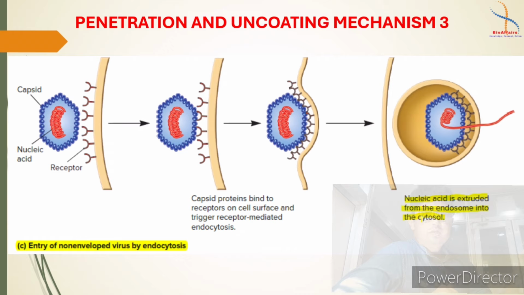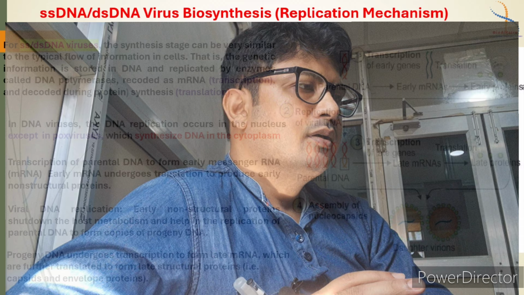So as I am telling you, it is not possible for all viruses to follow the same mechanism. The outer mechanism is the same, meaning the entry process is the same, but the exit process or the processes within the cell are different, or the receptors are different. So just try to understand the concept.